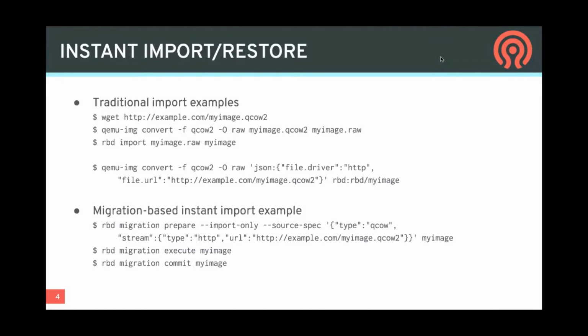So the image can be opened and used right after RBD migration prepare command, so right after the first step. And then RBD migration execute command can be invoked at any time to hydrate or populate the image by forcing those deep copy ups to happen in the background. And this can happen while the image is being actively used.